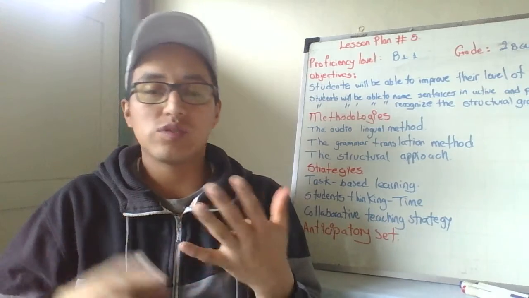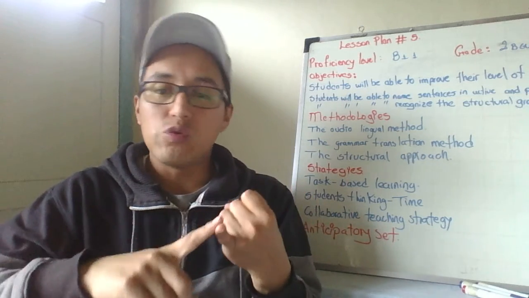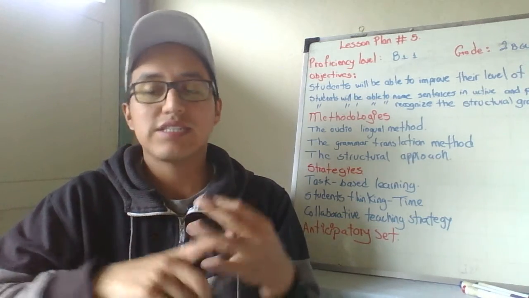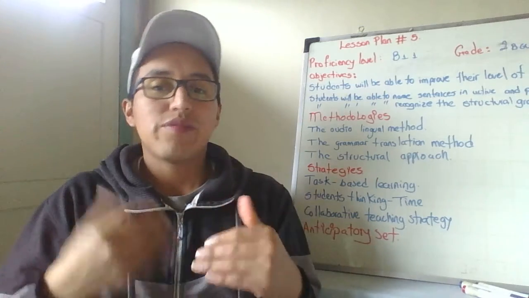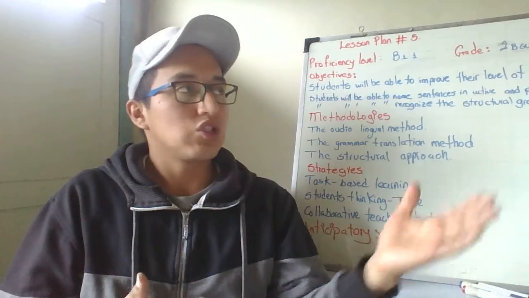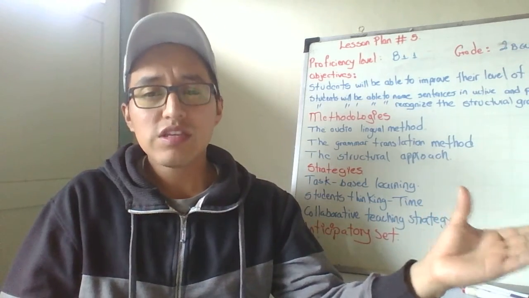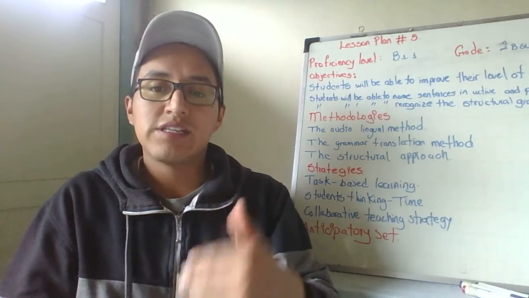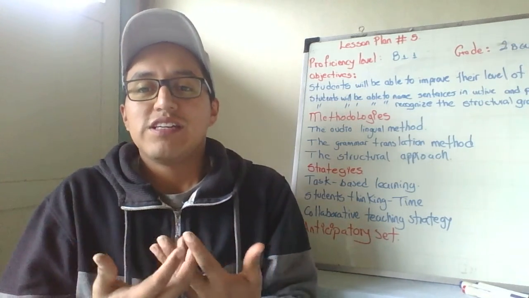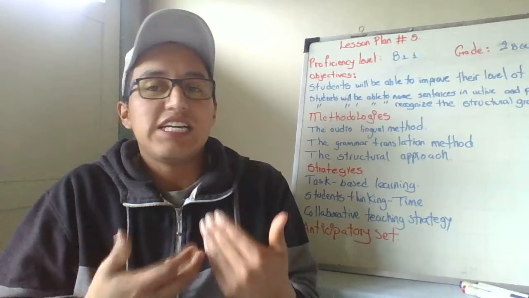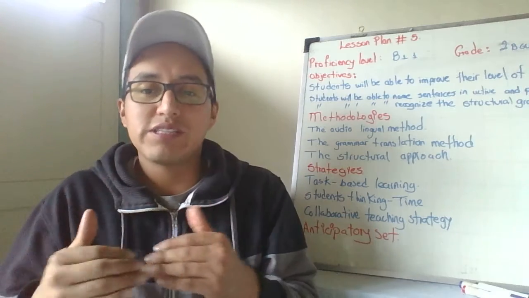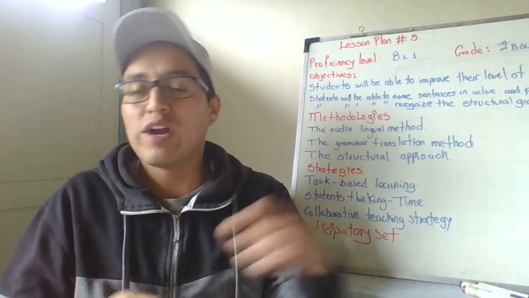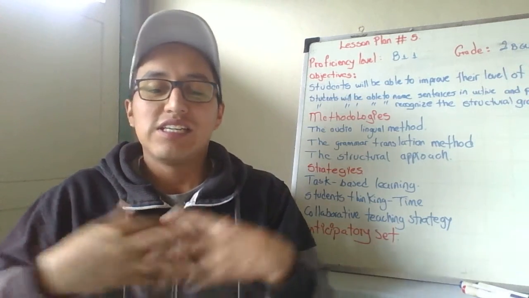For example, the students can move the seats, desks, something like that. After that, students will come back to the classroom and give some speculations about what could have happened in the classroom when they went out.